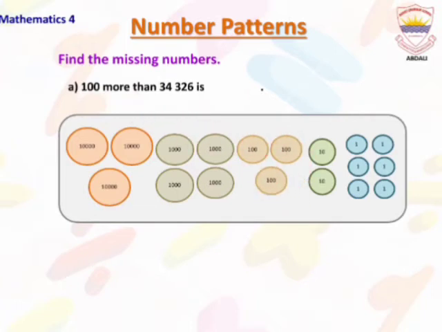More than means we add 100 in the 100 number disks. Count it: 1, 2, 3, 4. We get 4 number disks of 100. So when we add 100 more to 34,326, we get 34,426.